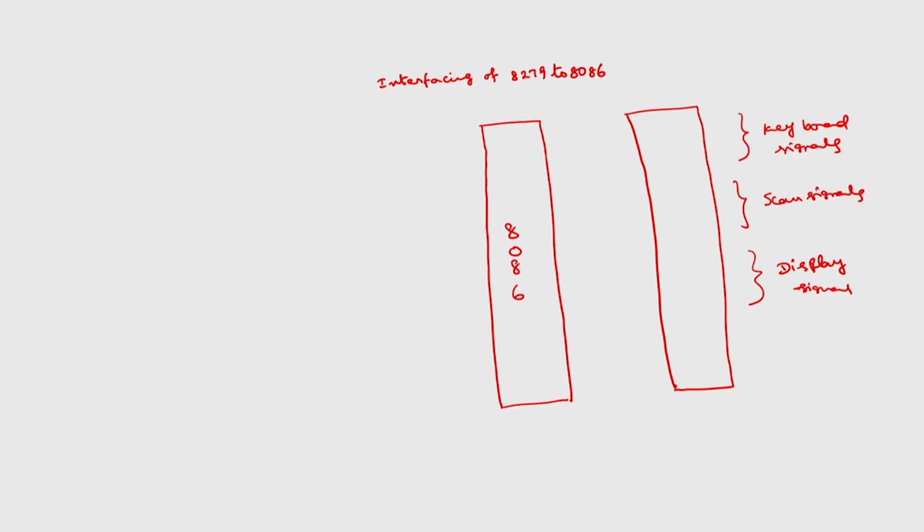The microprocessor connected signals are, so we have chip select signal similar to this one, A0 to A0, A1, A2, so on up to A7, then read bar to IO read bar of 8086, IO write bar to write bar of 8279.